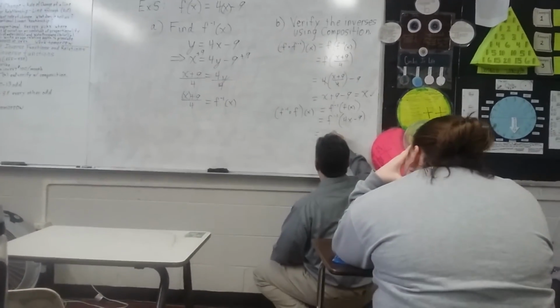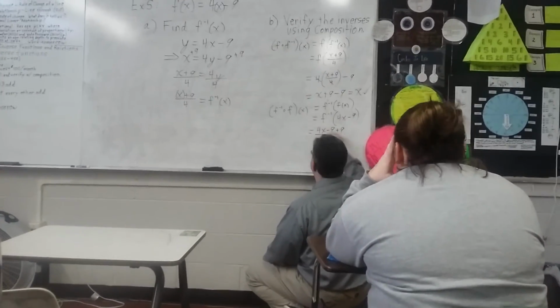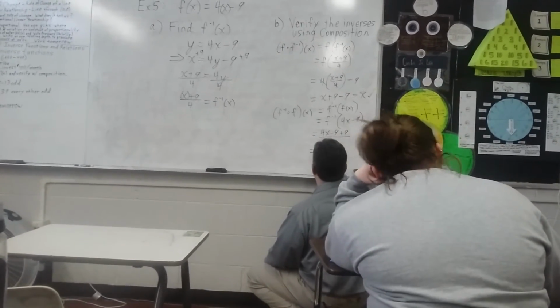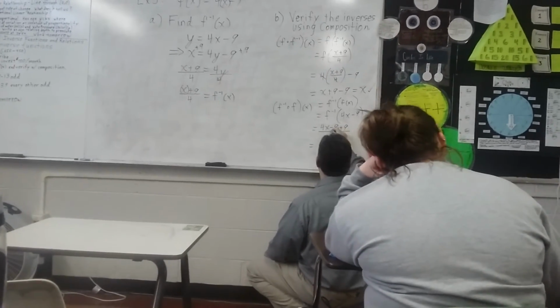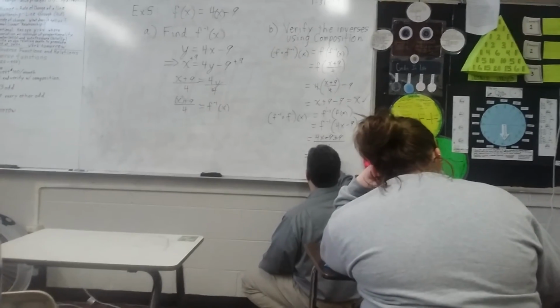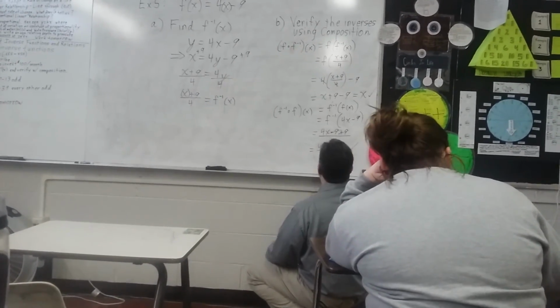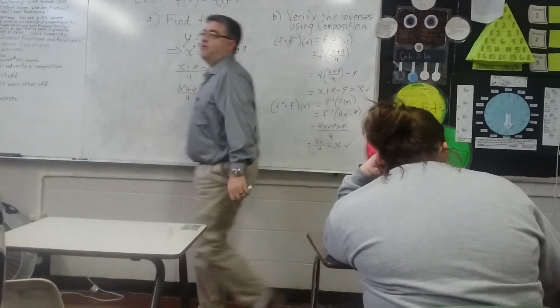So this is 4x minus 9 plus 9 all over 4. Minus 9 plus 9 cancel each other because they make 0. So I got 4x over 4, which is of course just x, and thus it is verified.